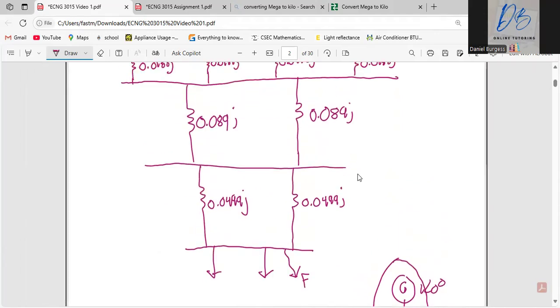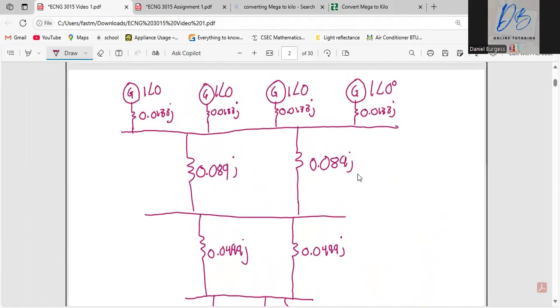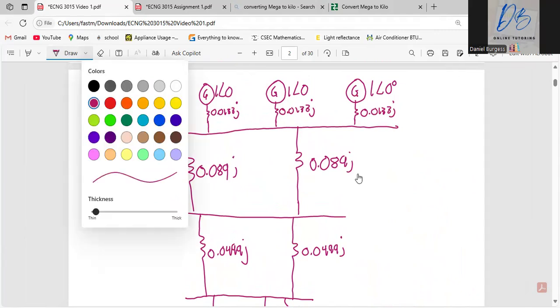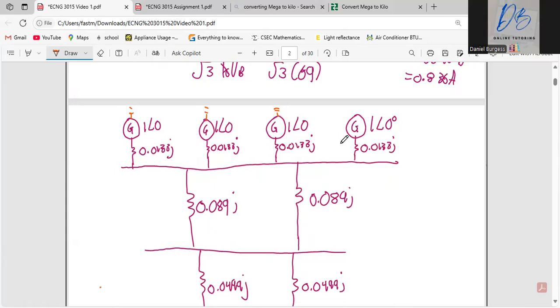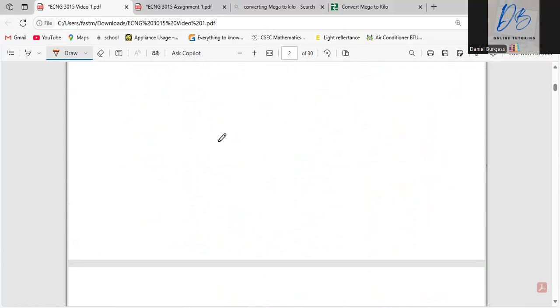So we look at the circuit itself and try to see where to start. All these transformers here are all in parallel, because all the transformers at the end go to ground. Because they're in parallel, two impedances in parallel with the same impedance will just be divided by 2.